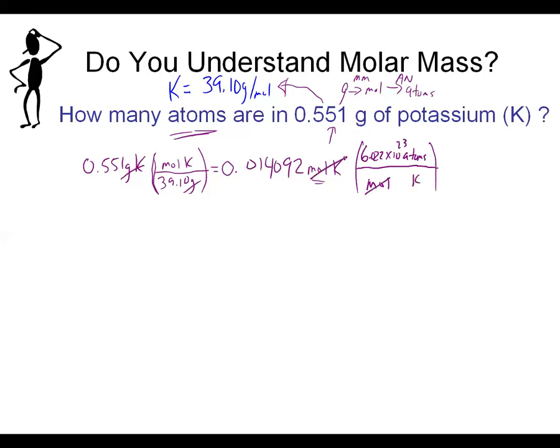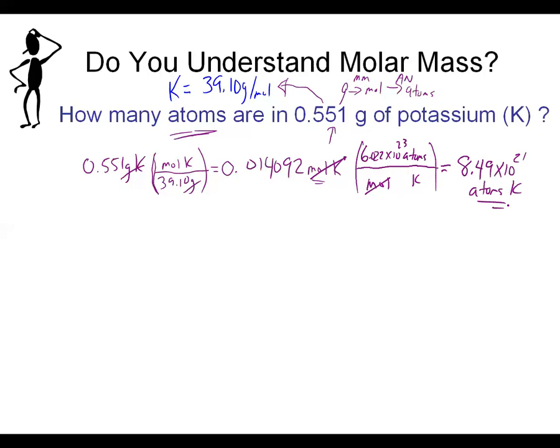And again, since Avogadro's number is in scientific notation, make sure you're using your exponent button, your EE button, and you will end up with what Jacqueline had there, 8.49 times 10 to the 21 atoms of potassium.